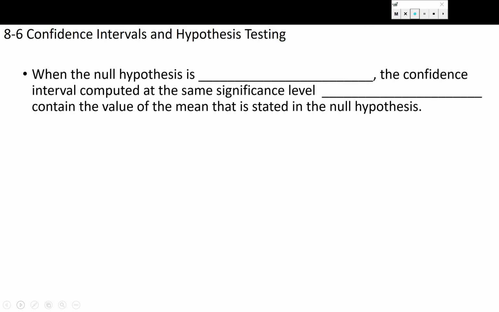When the null hypothesis is rejected, so you do your hypothesis test, all 5 steps, traditional or p-value, doesn't matter, if we compute a confidence interval, and that's what we just did last chapter, at the same significance level, that interval will not contain the value of the, and really this shouldn't be mean, it should be parameter.